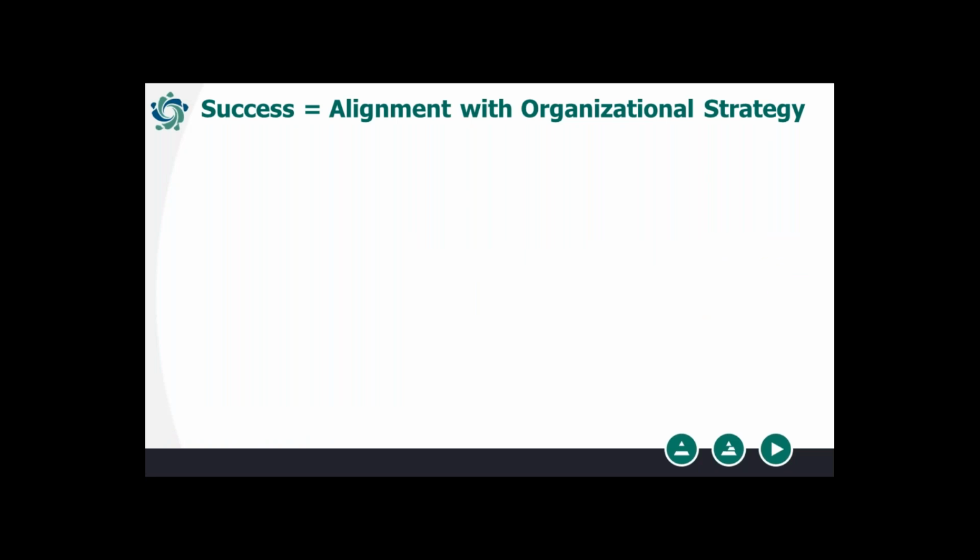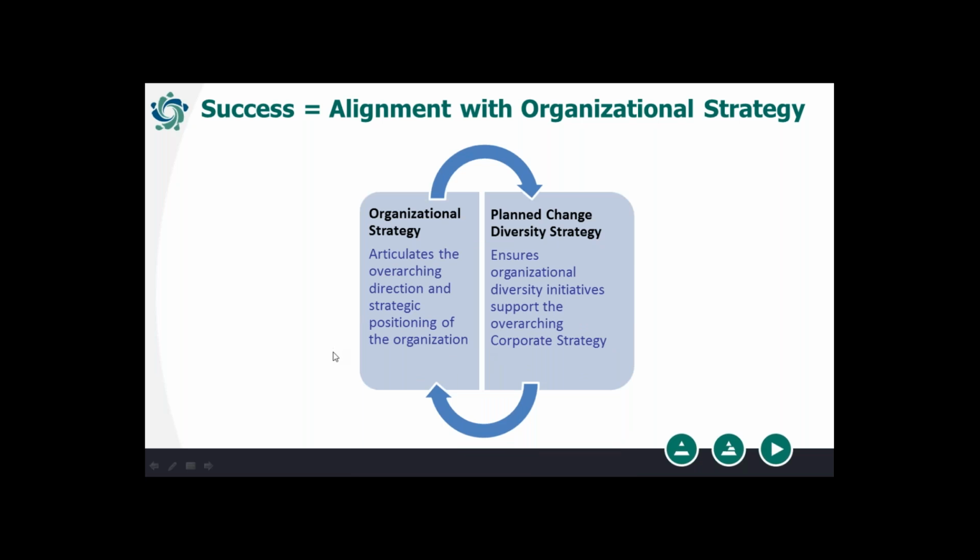So here's the point I made earlier: success equals alignment of your organizational strategies to plan change in your diversity strategy. I use the word change because it is putting something in place that's going to move you along that continuum, or keep you and further develop you in that continuum.